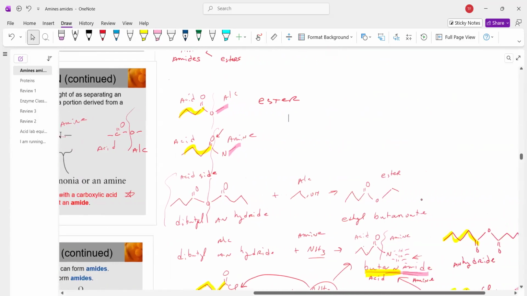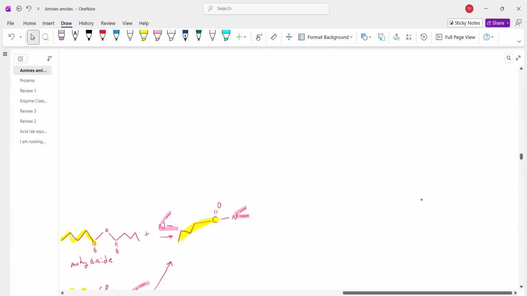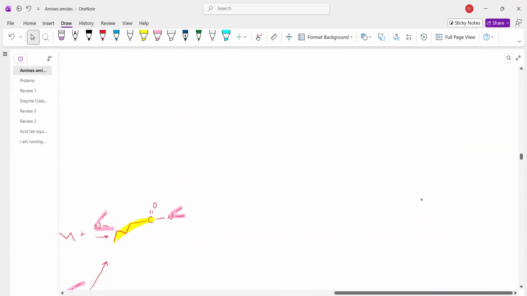And let's do this differently. Okay, so ways to make an ester.